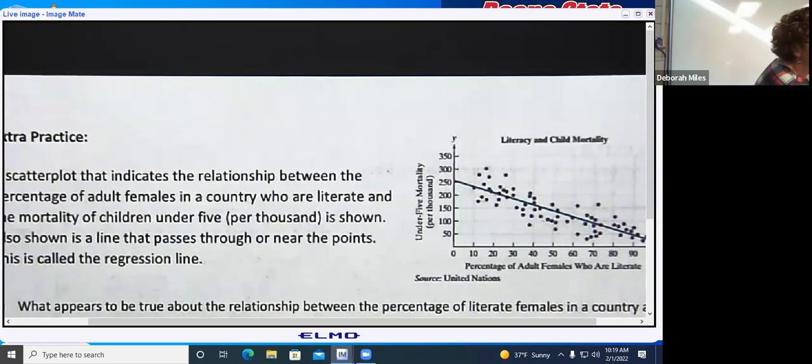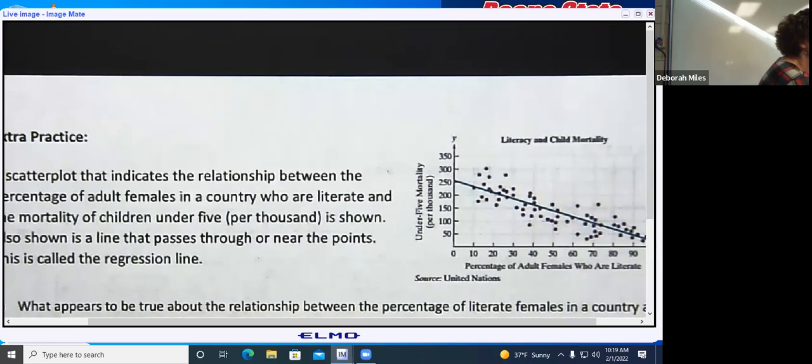I don't know if you would automatically see that relationship, but what's probably true of a country where there's a high illiteracy rate? What's probably true about the country?